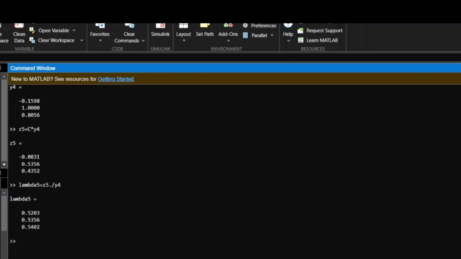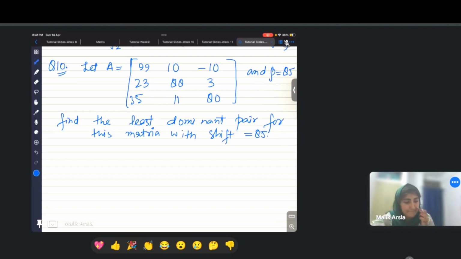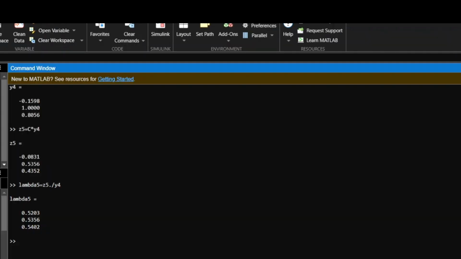See, now here, okay, is my screen visible now? Yes. So here our lambda came out to be 0.5, and our eigenvector was minus 0.15, then 1, then 0.80. Okay, something like that.